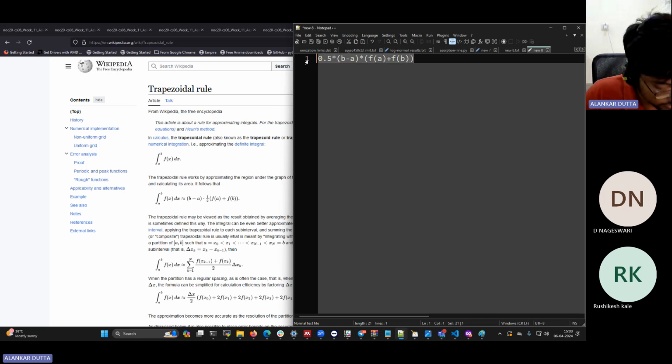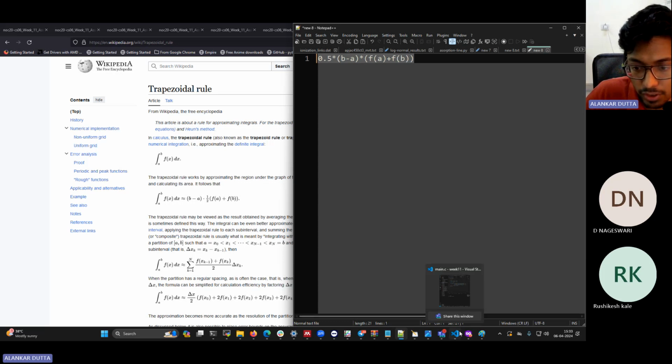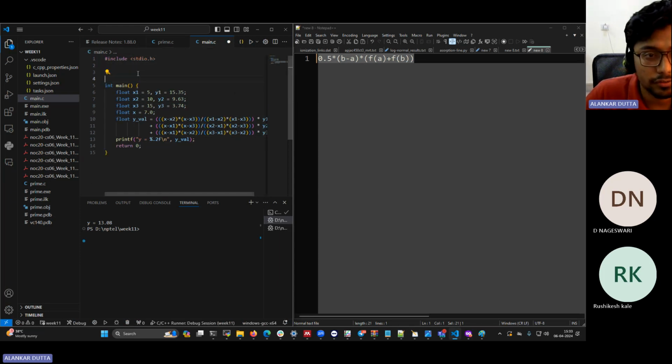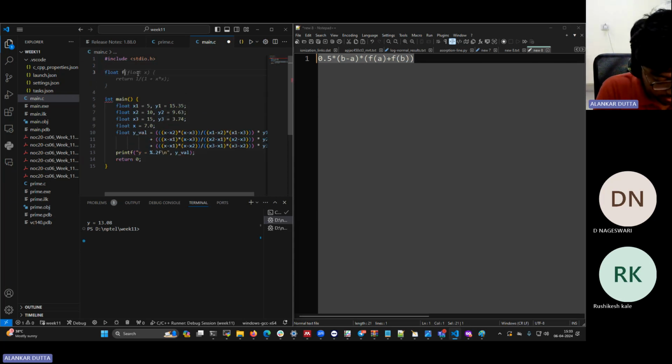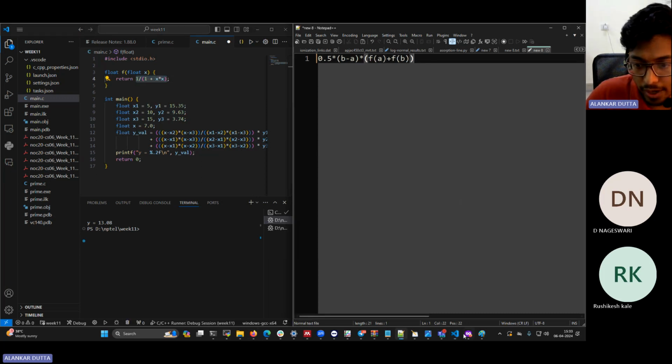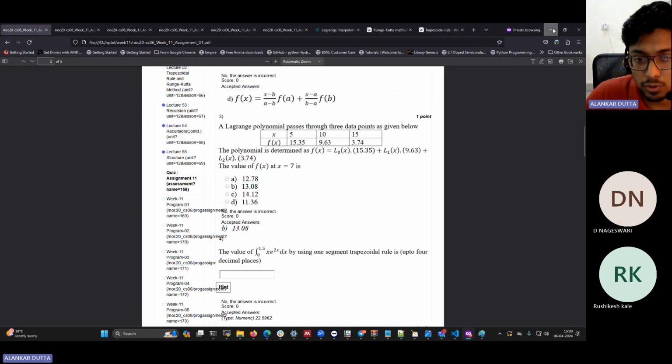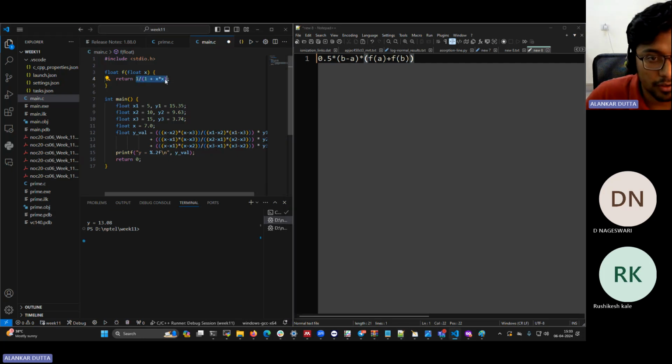So let's take this and put it in VS Code. Let's define a function, float f, which will take in a value of x, and let's define our function. Let's go back and see what our function was. It's x times e to the power of 2x. For this you obviously need math.